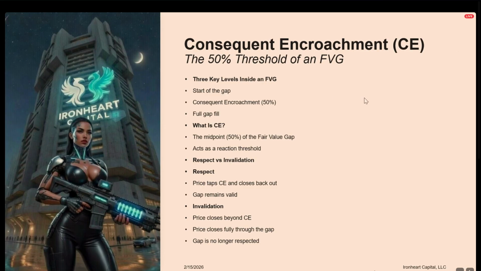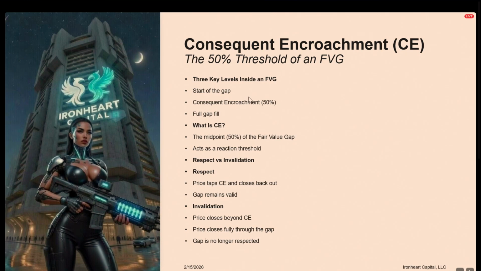The consequent encroachment of a fair value gap, which is just another fancy way of saying the middle line or the mean threshold, like we talked about in order blocks. Fair value gaps also have a mean threshold, which is the 50% of that gap, right? From the start of that gap to the full gap fill, you have your 50% mark, right?